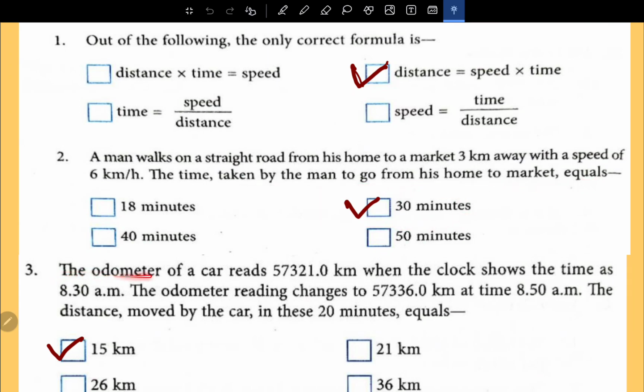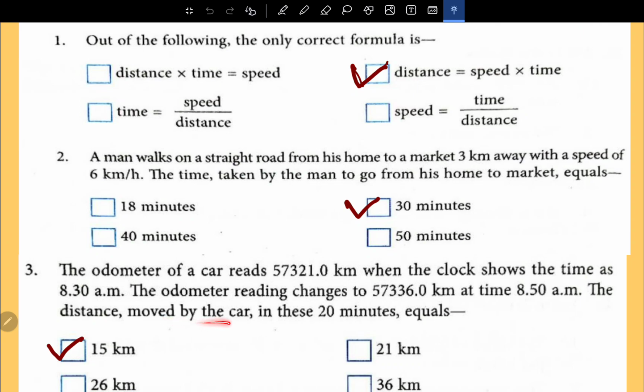The odometer of a car reads 57,321 km when the clock shows the time as 8:30 am. The odometer reading changes to 57,336 km at time 8:50 am. So time is this minus this.